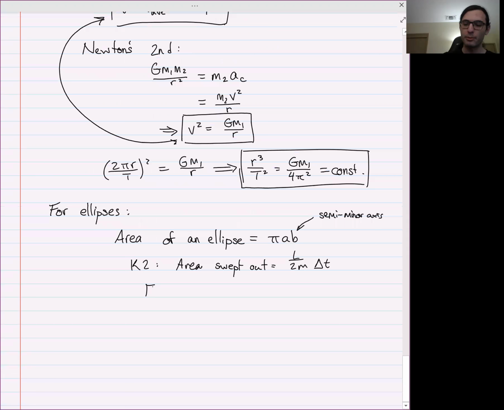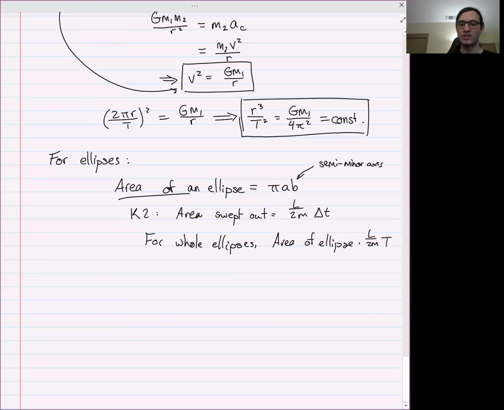So for the whole ellipse, the area of the ellipse is L over 2m times the period, T. So now we can just set these two things equal to each other. We get that pi a b equals L over 2m times T.